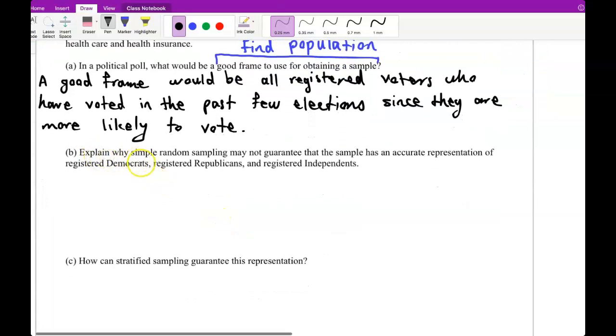Then part B: explain why simple random sampling might not guarantee that the sample has an accurate representation of registered Democrats, registered Republicans, and registered Independents.